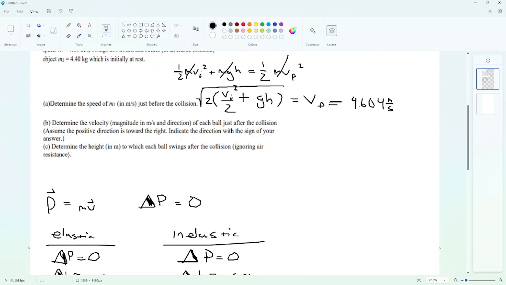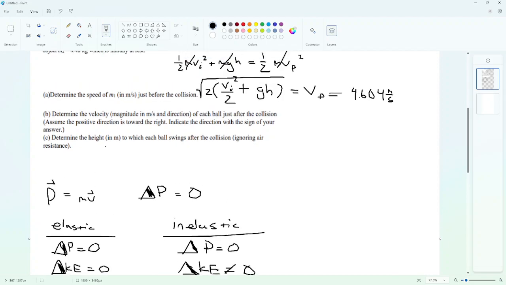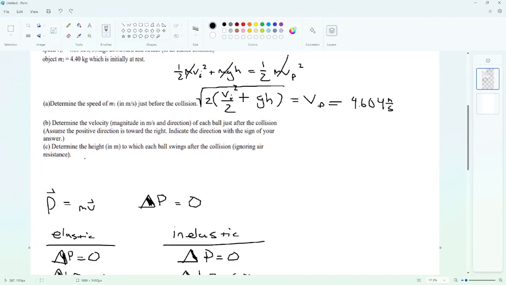Okay, so let's go. Determine the velocity of each ball just after the collision. Let's go ahead and set up our momentum equation. Remember, change in momentum is 0, so our initial momentum is going to be equal to m1 v1i plus m2 v2i, which is equal to m1 v1f plus m2 v2f.